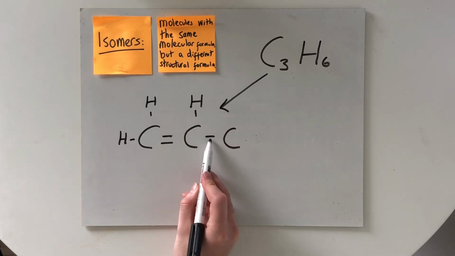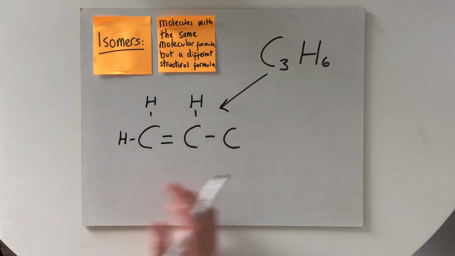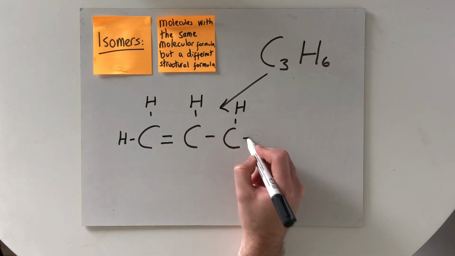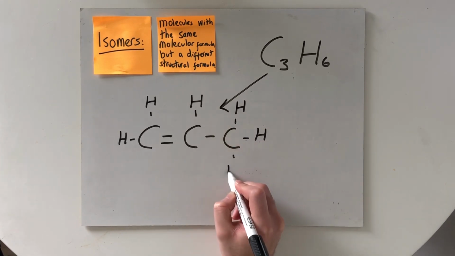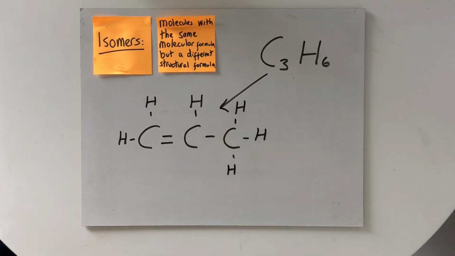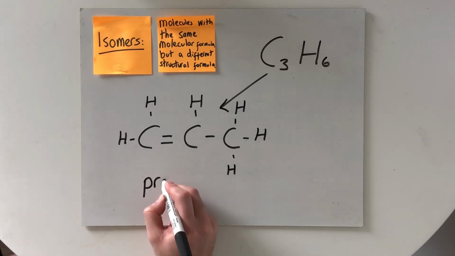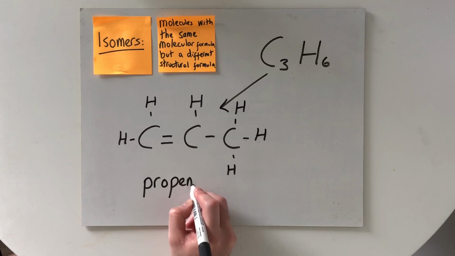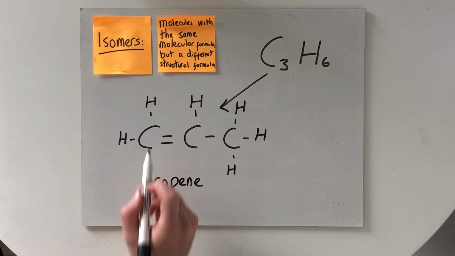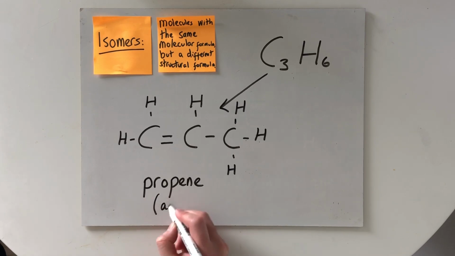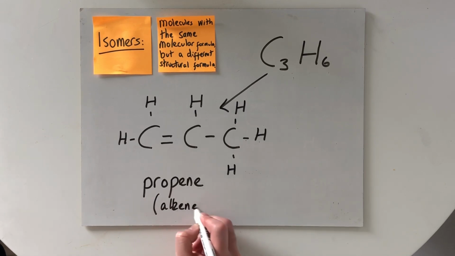This carbon here had 1, 2, 3 bonds to neighbouring carbons, so it needs another hydrogen to make that 4. And this carbon here only has 1 bond, so it needs 3 hydrogens. So we're going to call this propene, because it's got 3 carbons, prop, a double bond in that molecule, ene, and also I'm going to state that it's an alkene.